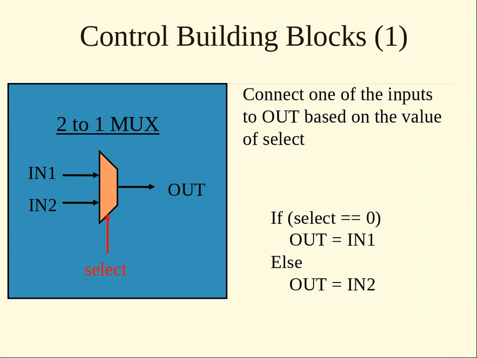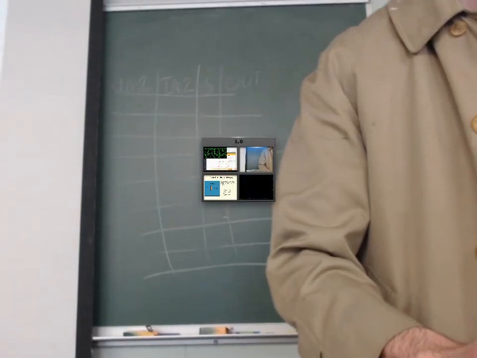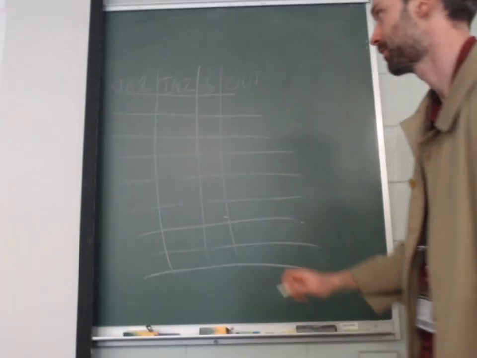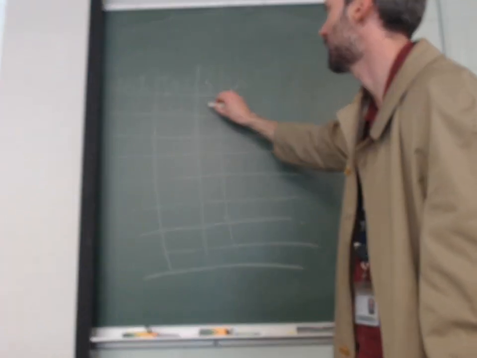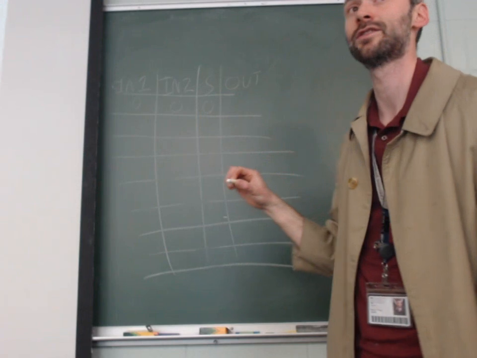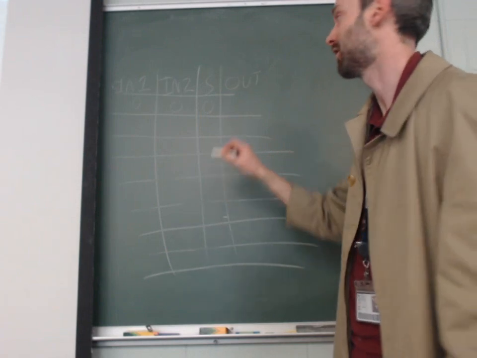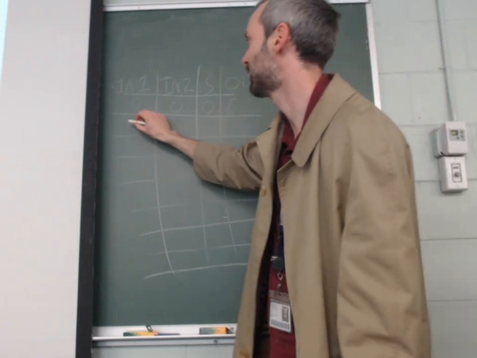Hey, so there's 3 inputs. That means there's a total of 8 possible combinations. 3, 4, 5, 6, 7, 8. Wow, that's kind of weird. All right. So inputs, N1 is 0, N2 is 0. We select 0, so the output is 0. Good. Make sure everyone's on the same page.